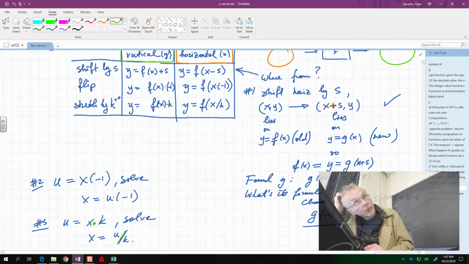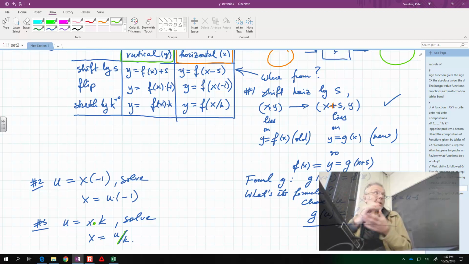In other words, we work in reverse. We are trying to solve an equation, trying to undo the effect of an algebraic operation. How do we undo addition? We subtract. How do we undo multiplication? We divide. So that's one way to look at it.